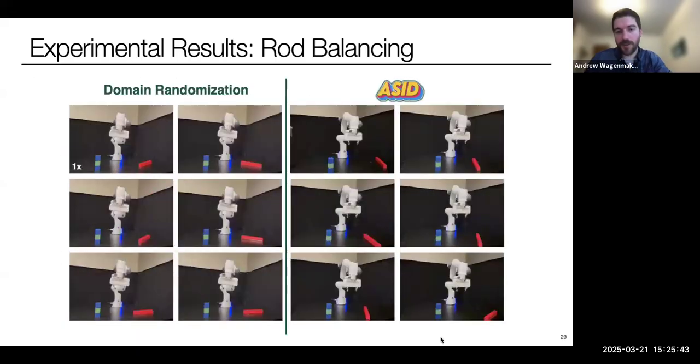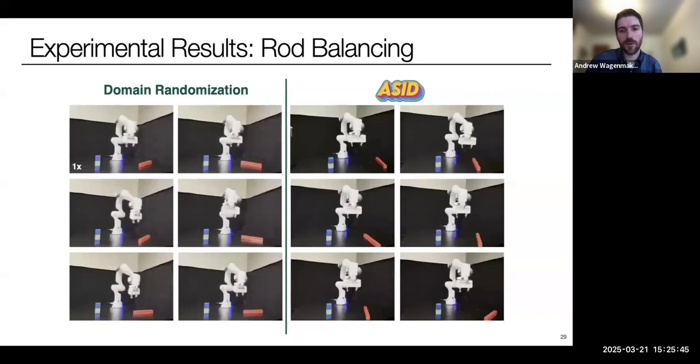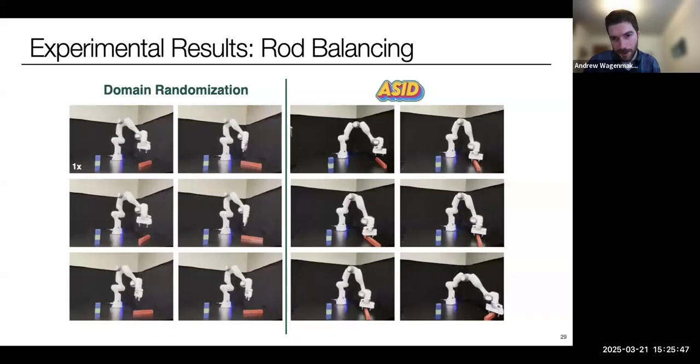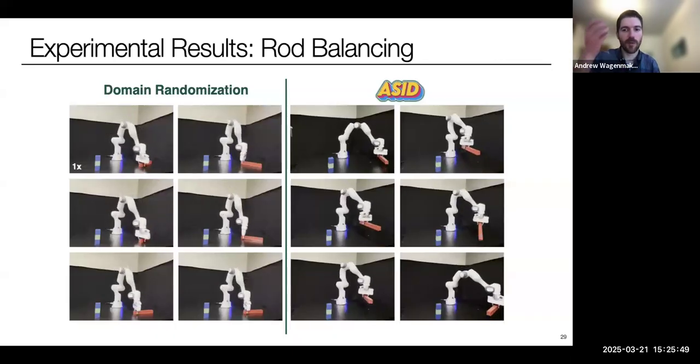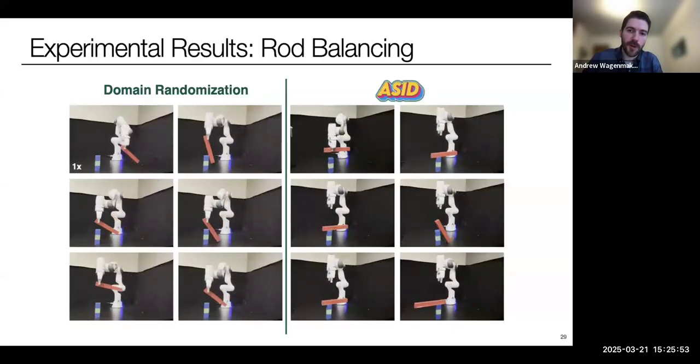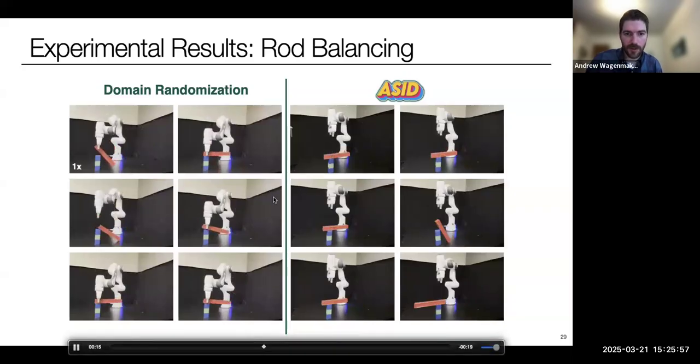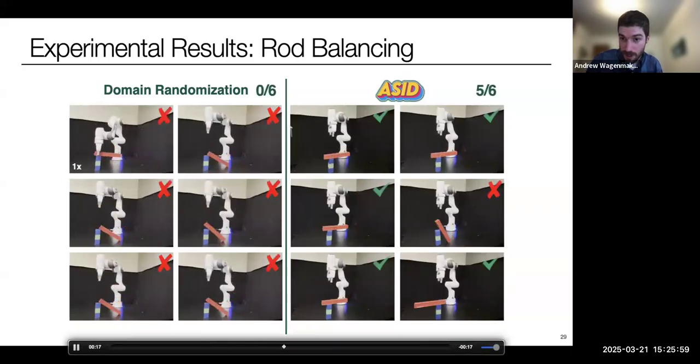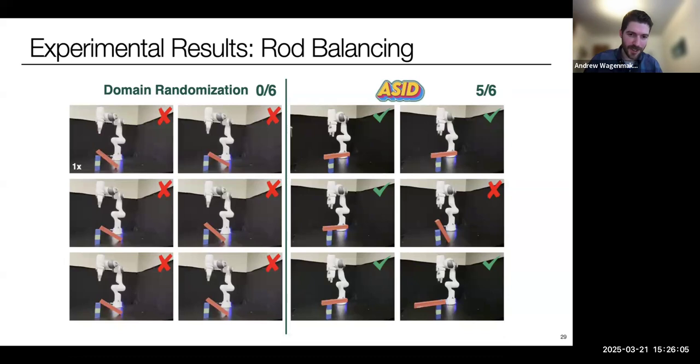And if we do that, we take the learned parameters, add those to the simulator, and optimize a policy in the simulator, we get a policy that will mostly succeed. Okay, so I think in this example, the direct transfer succeeds 6 times, and our method succeeds 5 or 6 times.